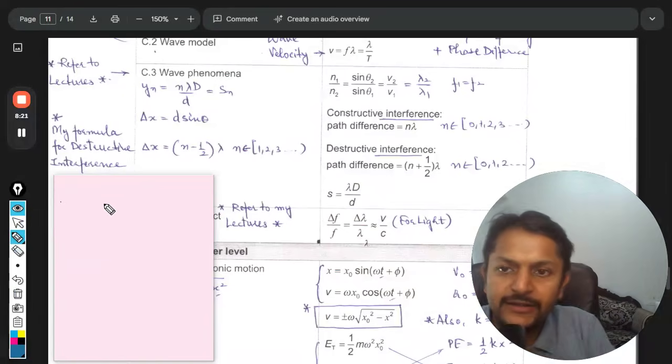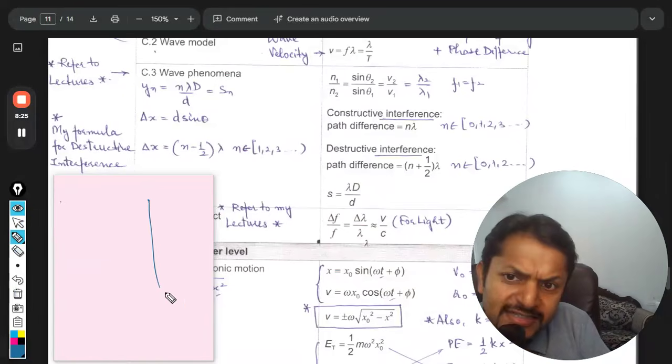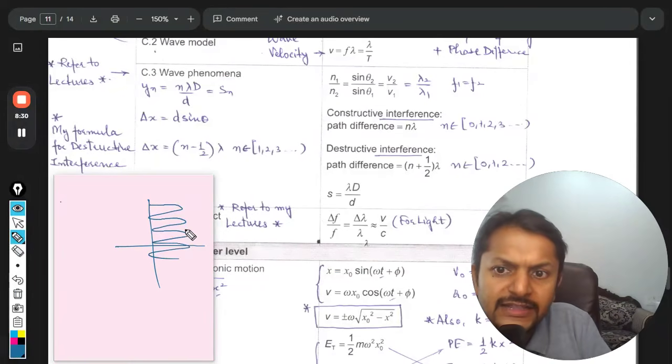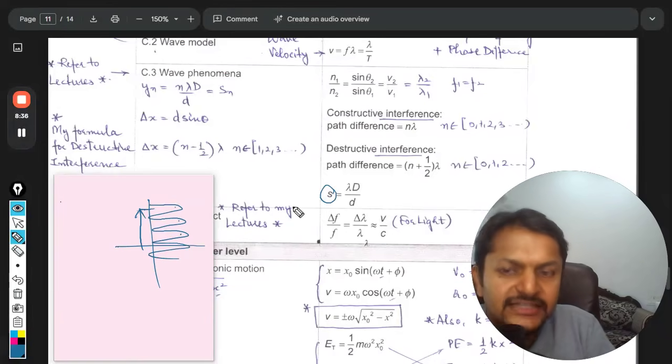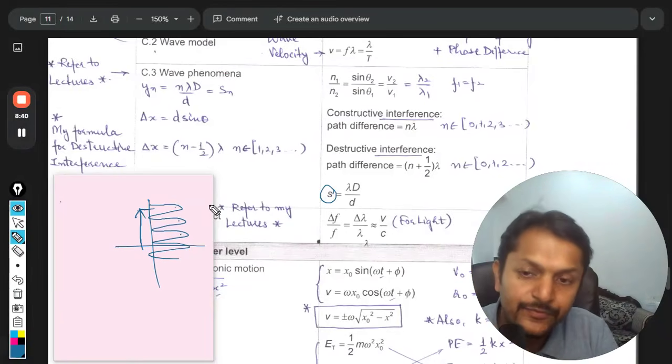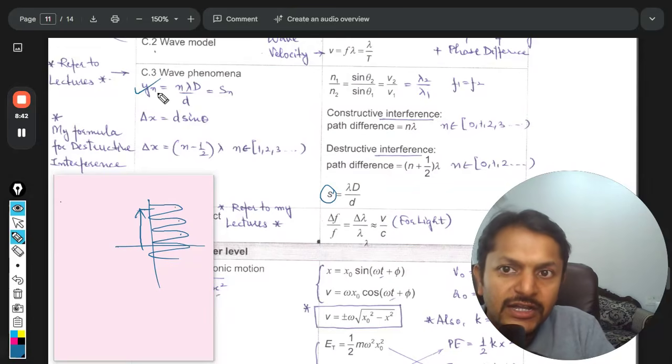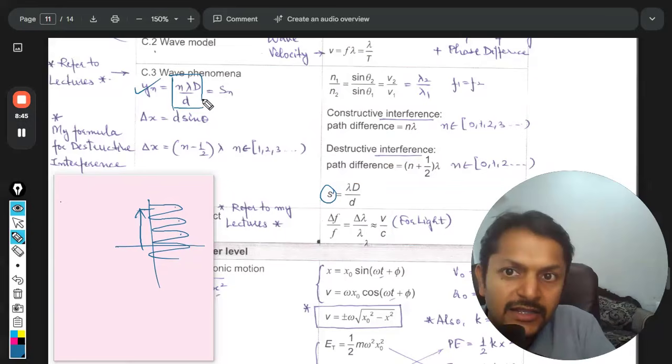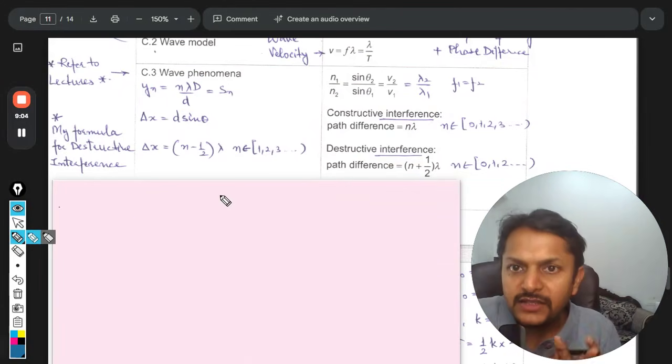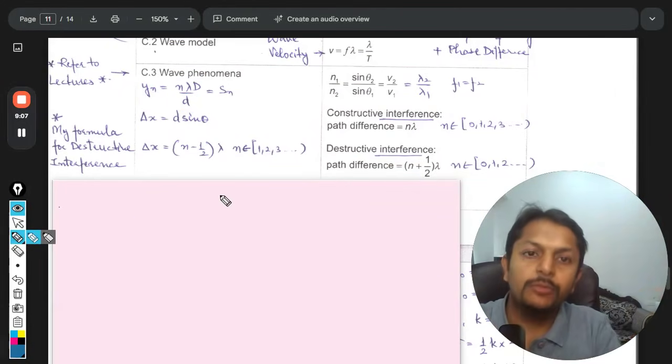There is a relation: let's say this is the pattern for the interference that you have produced, first bright, second, third, and you want to talk about the fringe spacing. This is given by the formula I've written here: s_n is equal to n lambda D by d. So let me tell you something more about the interference.